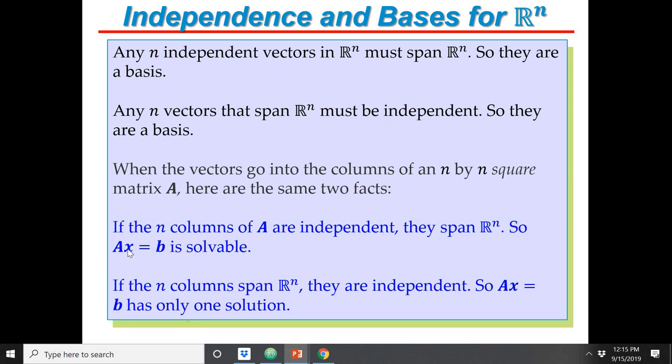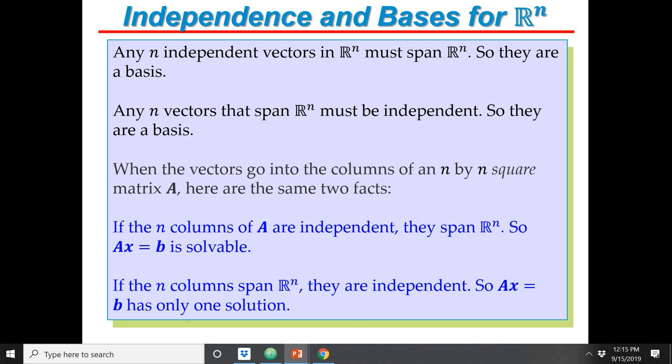Because effectively a combination of the columns can generate any vector B, so this has a unique solution. And if the n columns span Rn, then they're independent, okay? Which means that Ax equal to B has one solution.